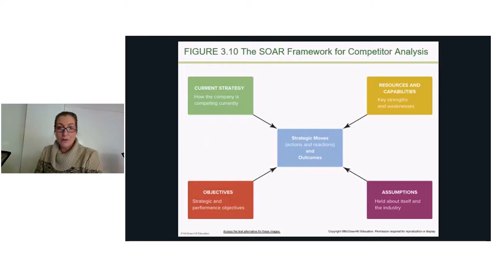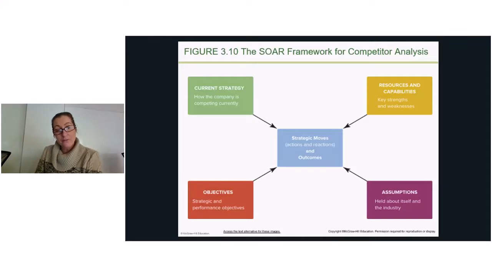So here we've got the SAW framework. This framework helps us to analyze strategic moves by our competitors. So current strategy, that's the S. How is the company currently competing?